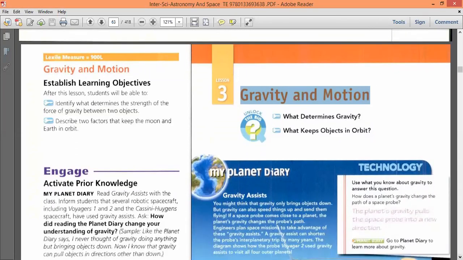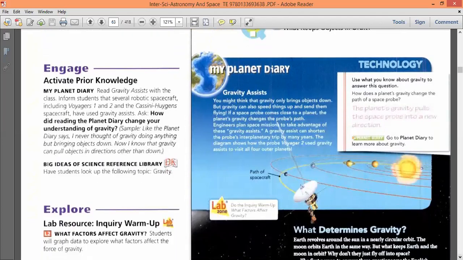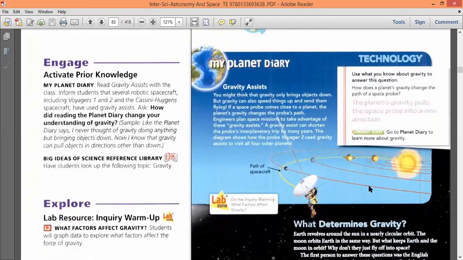First, what is gravity? When we say gravity, you remember that gravity is the force that pulls objects. But gravity is not only pulling objects, it can also make objects move. For example, if something is orbiting around the sun like Venus, what makes Venus orbit? The word orbiting means it's in motion.